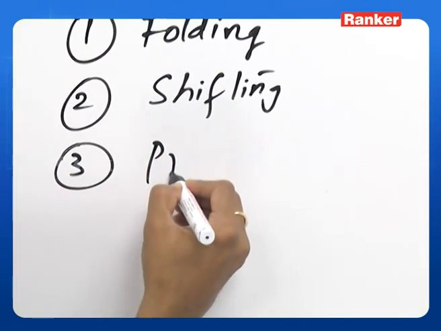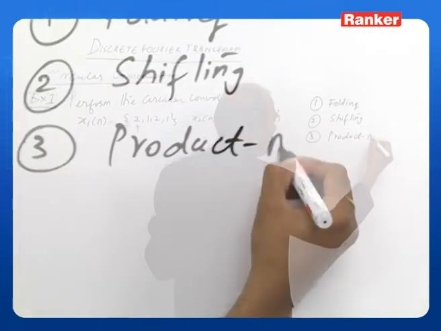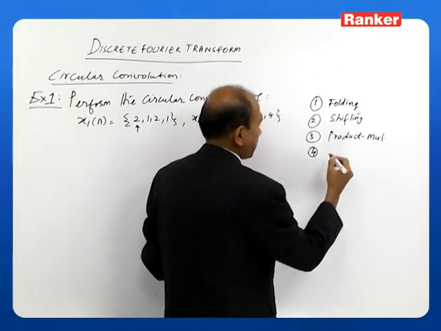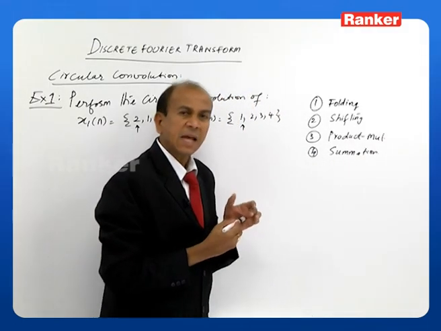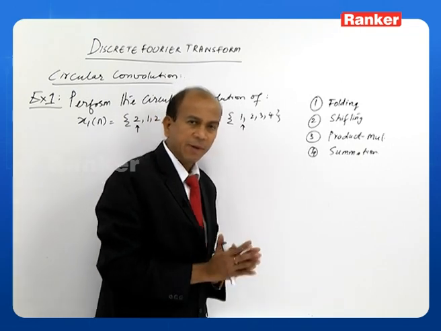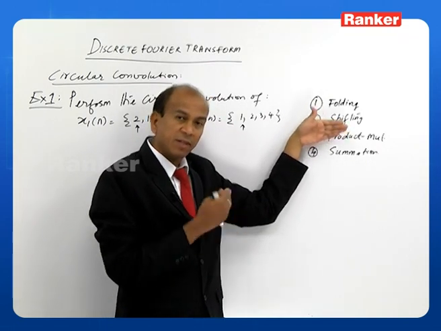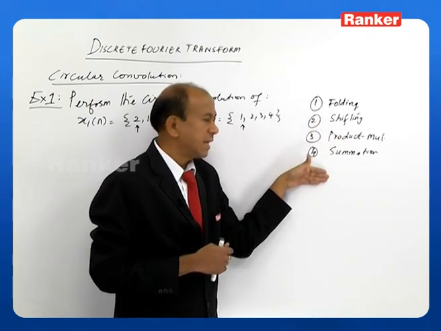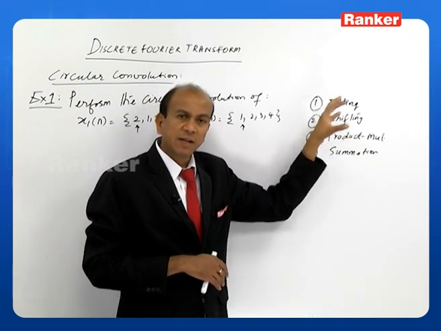Third is calculating the product, or multiplication, followed by summation. These are almost the same steps which we follow in a linear convolution. Same here also, we have to do folding, that is time reversal, then shifting the time-reversed signal, that is the folded signal, then multiplication of the signals, then comes the summation of it. So, these are the 4 steps involved in the calculation of a circular convolution.